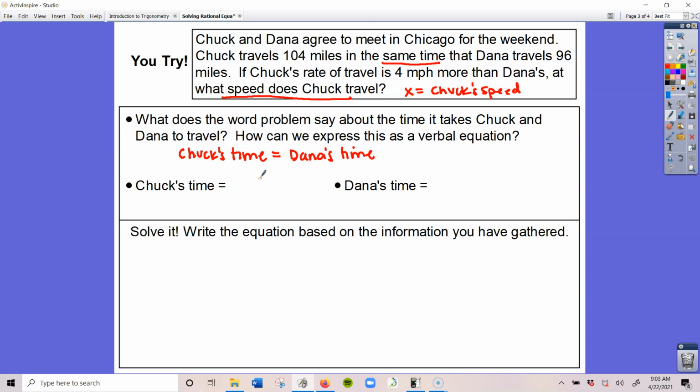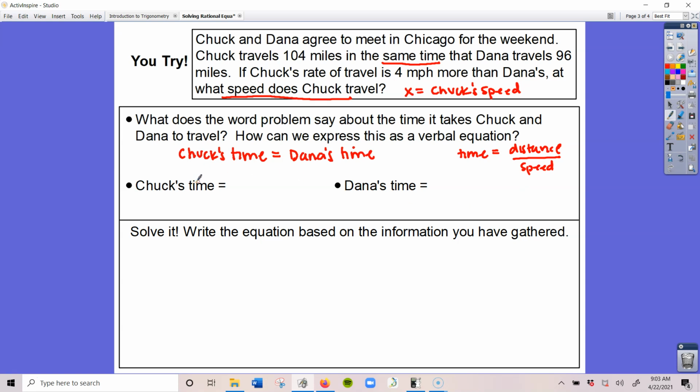Now we have to write an expression that represents Chuck's time and an expression that represents Dana's time. Remember that time is equal to distance over the rate or speed.